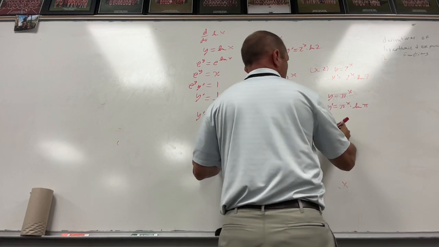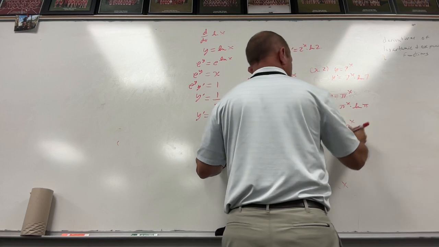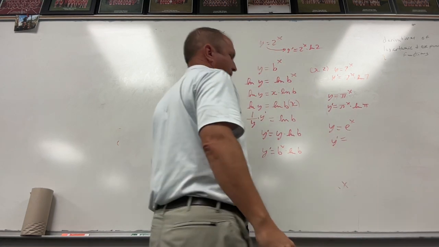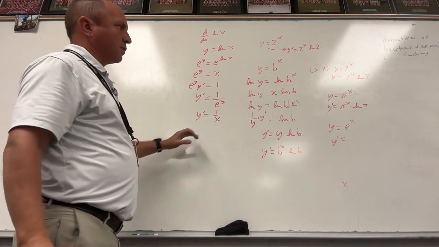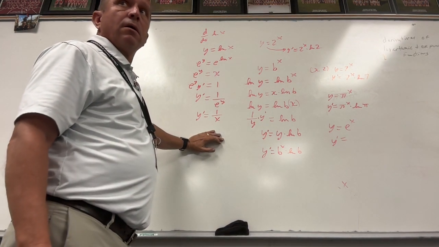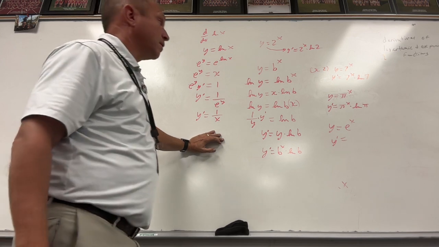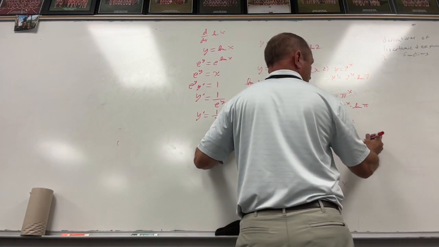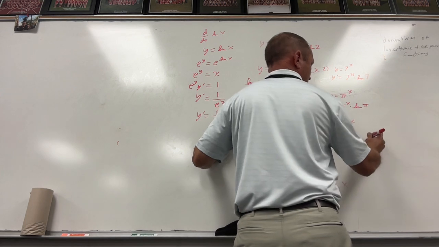All right, now what about y equals e to the x? e is just like pi, it's an irrational constant. So e to the x times the natural log of e.